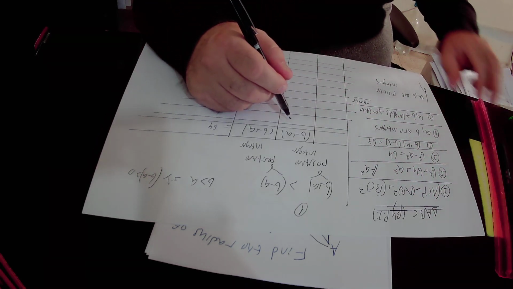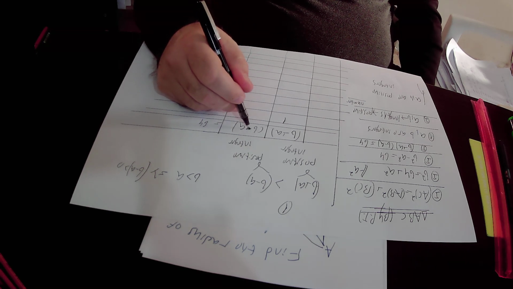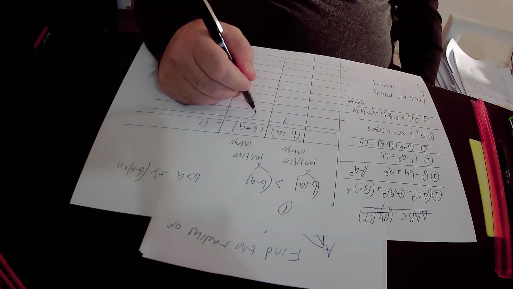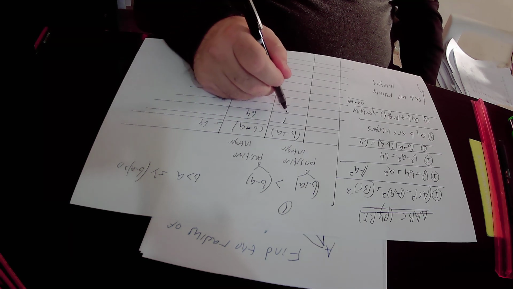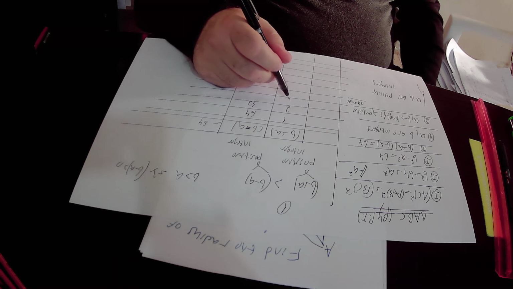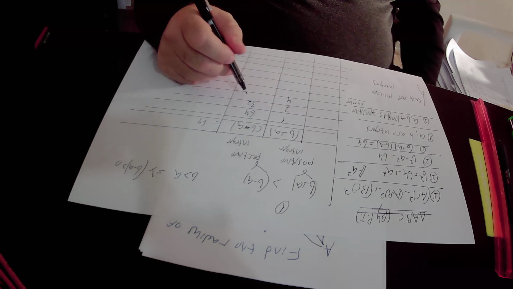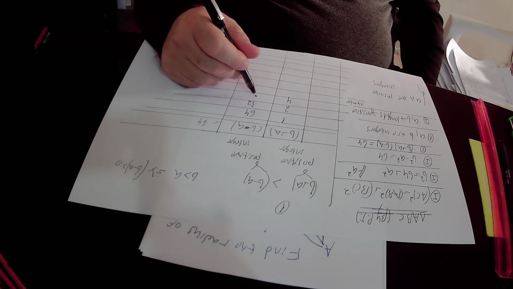b plus a equals 1 and b minus a equals 64. The second possibility is b plus a equals 2 and b minus a equals 32. The third possibility is b plus a equals 4 and b minus a equals 16.